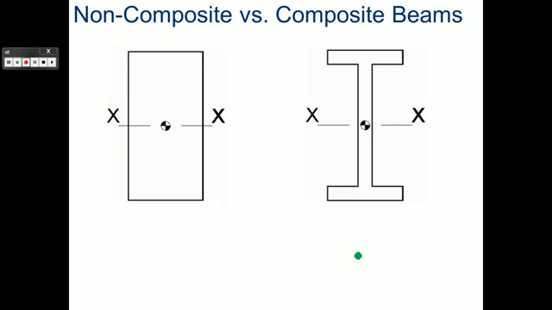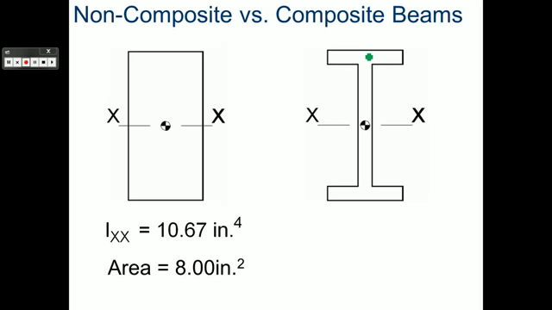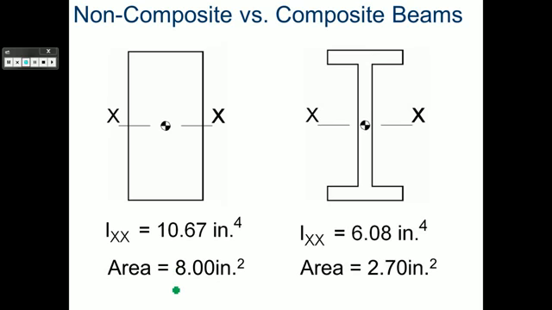So let's look at a couple of shapes here, and say why they pick one over the other. Let's assume both of these are going to be steel. So we have this entire item here made out of steel, and we have this entire item, the I-beam here on our right, made out of steel. If we look at the area of both of them, you can see that there's a greater surface area for the block on the left and a much smaller surface area for the block on the right.